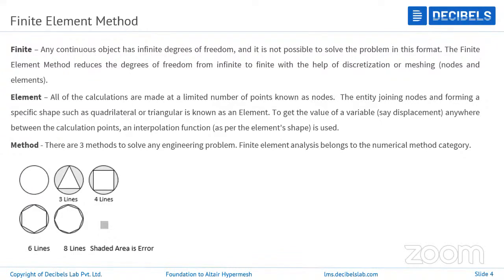So how am I going to create it? I'm first going to create the nodes, then join the nodes, and that is called elements. Then what are the different methods which we use to create any finite element model to solve any engineering problem? In our academics, we have solved only for the cantilever beam and simply supported beam, where we solve the problem specifically for simple problems.